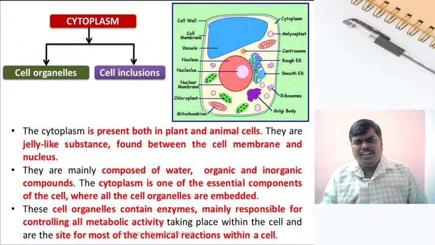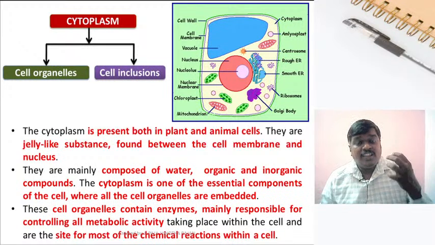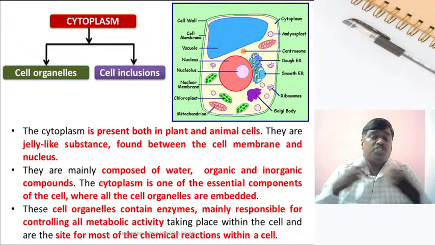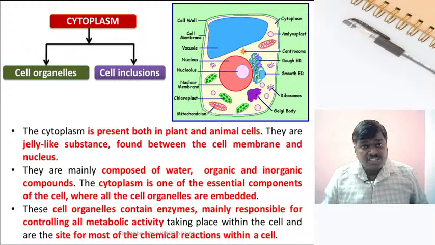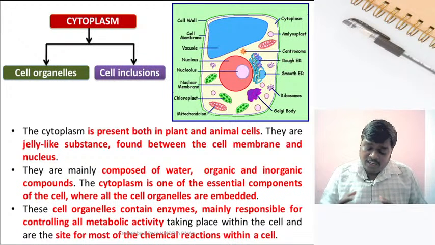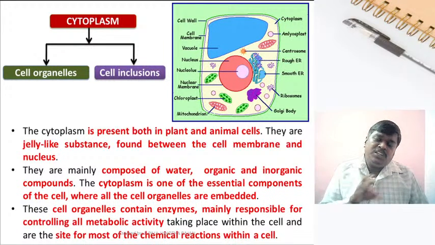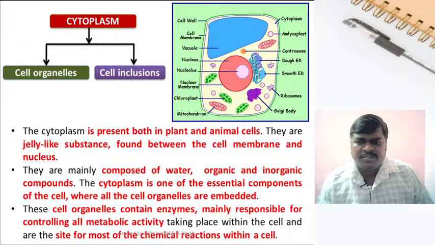Apart from that, the cytoplasm also contains cell inclusions. The cell inclusions include the storing materials of the cell organelles, secretions of the cell organelles, and excretions of the cells. The cell organelles present within the cytoplasm also contain various enzymes.